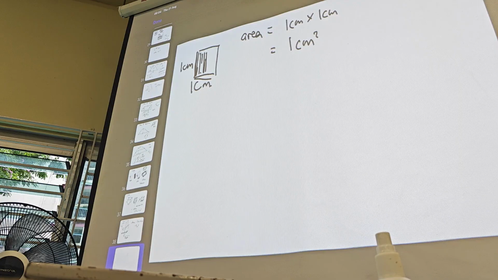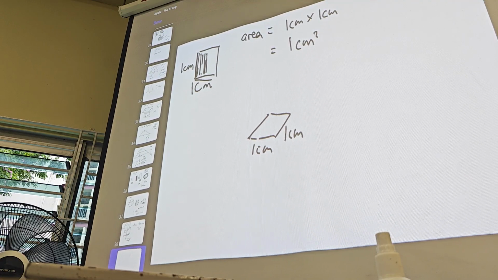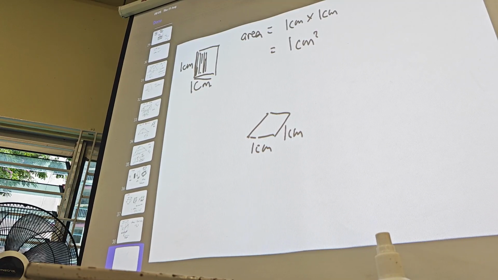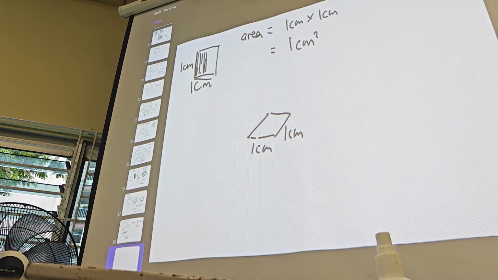Then now you imagine if I put this 1 cm flat piece like a paper on the ground, 1 cm, 1 cm. So this is the square piece of paper on the ground. Then if I keep stacking more and more pieces of paper of the same size, then it will start to occupy space.